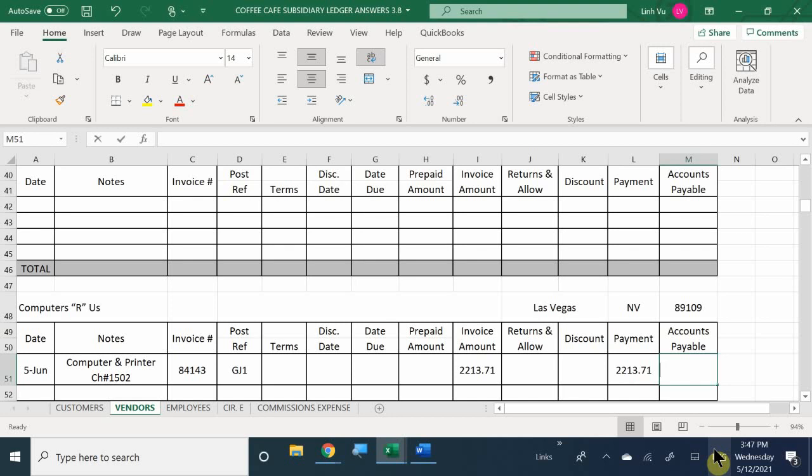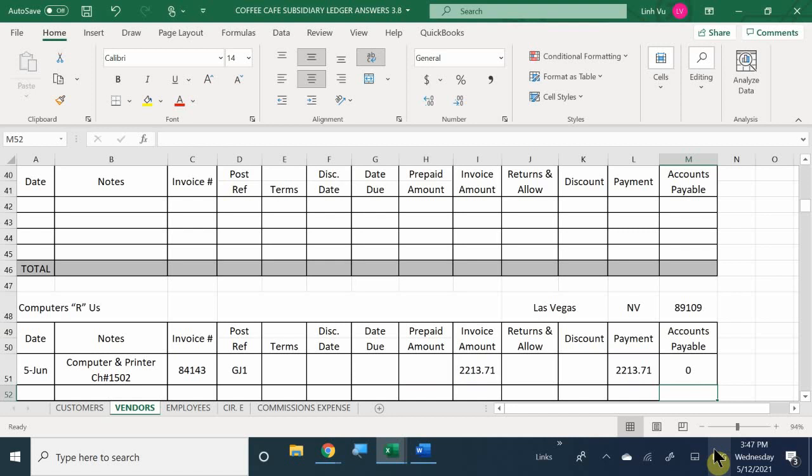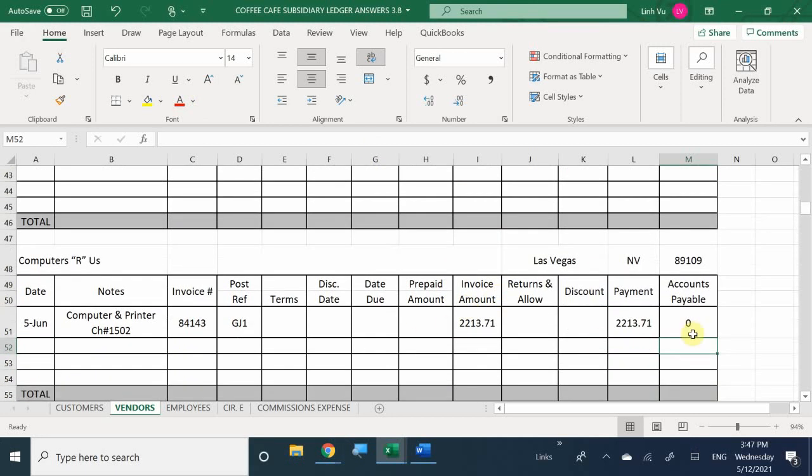And once again, the formula is your invoice amount, subtract any prepaid, subtract any returns, subtract any discounts, subtract any payments. So therefore, you owe Computers R Us nothing, right? You paid the whole bill in advance. So, yes, that concludes our transaction.